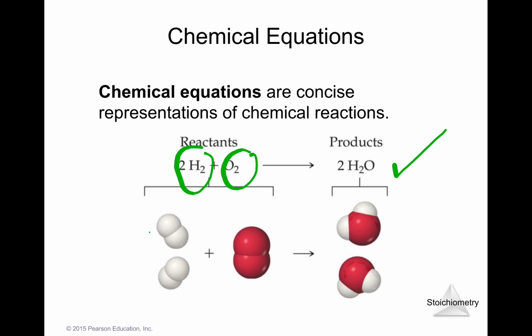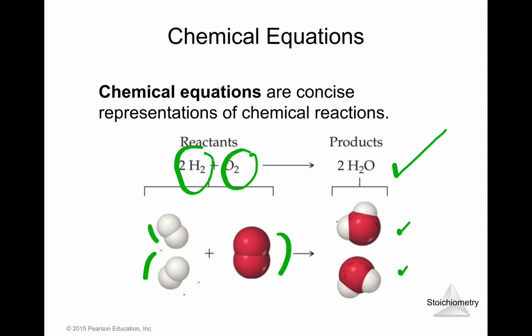So we see here 1, 2, 3, 4 atoms of hydrogen in 2 molecules and 1, 2 atoms of oxygen in 1 molecule. And when we take those and combine them chemically, we get 2 molecules of water.